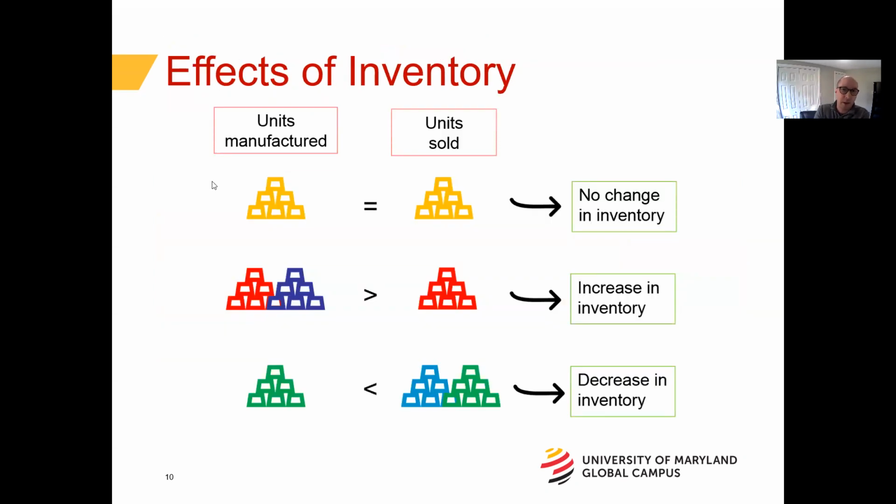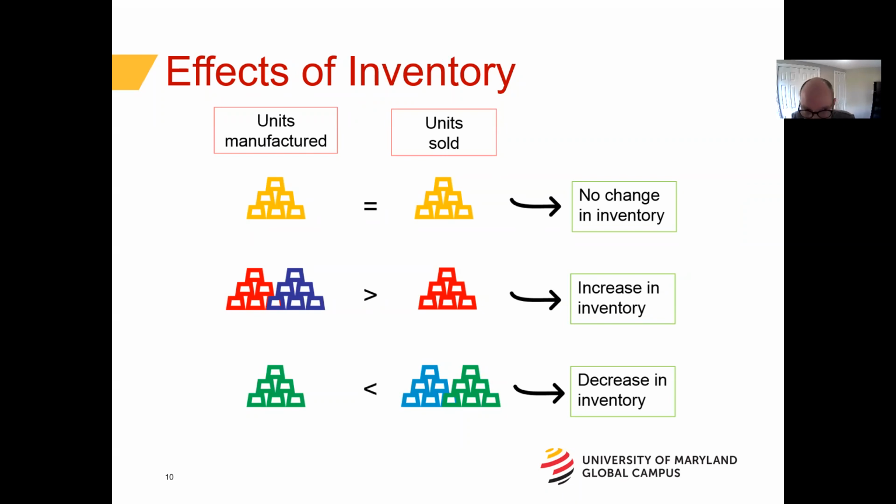So here's an interesting concept. What is the effect on inventory when we compare absorption costing to variable costing? When the units manufactured are the same as the units sold, clearly there's no change in inventory. That's obvious. When the units manufactured are greater than the units sold, there's an increase in inventory. Of course, that makes sense.